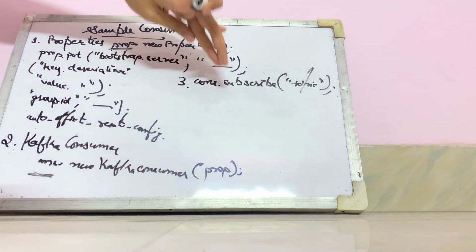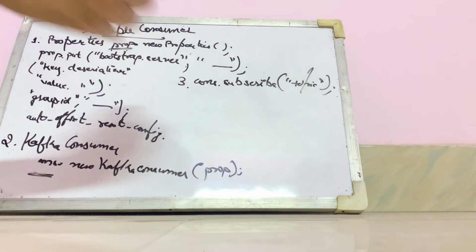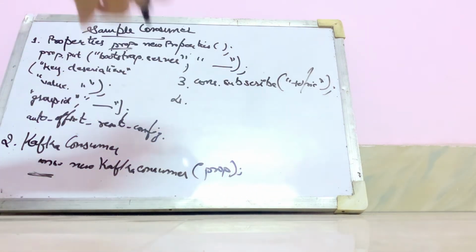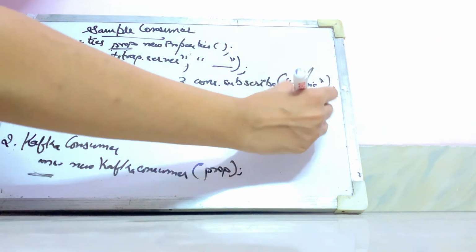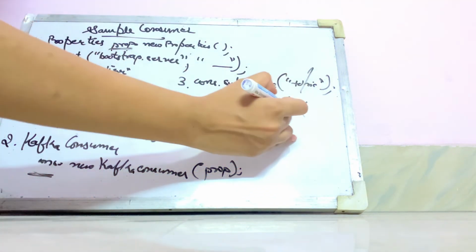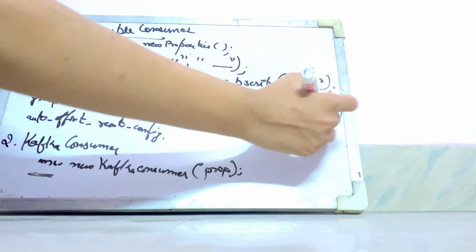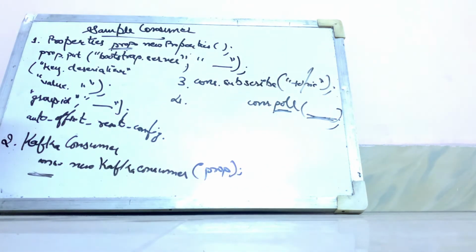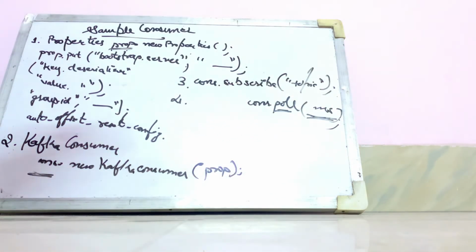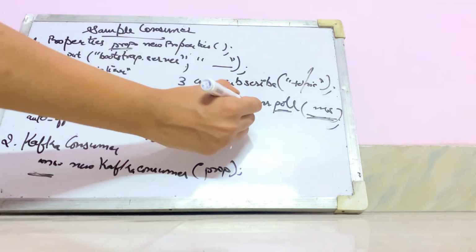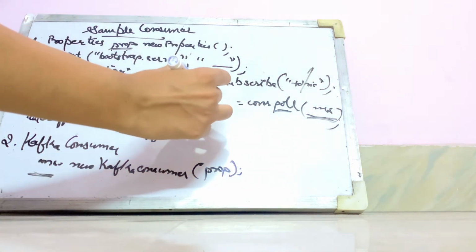Once our consumer has subscribed to the topic, the consumer needs to poll all the messages. While calling the poll API, we have to pass some time, like how much time our application needs to process the messages, and that time is passed in milliseconds.